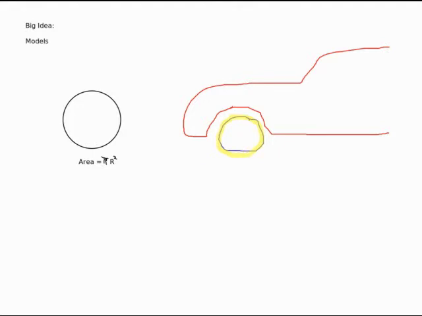A slightly better model would be to take that and subtract off this section down here. We could figure out with some geometry how to get that area and subtract it off. An even better model would be to consider these bumps in the tire. For example, let's go deeper and deeper into this calculation depending on how much accuracy we need.